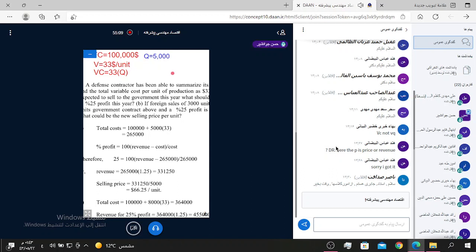TC equal to fixed cost plus variable cost.